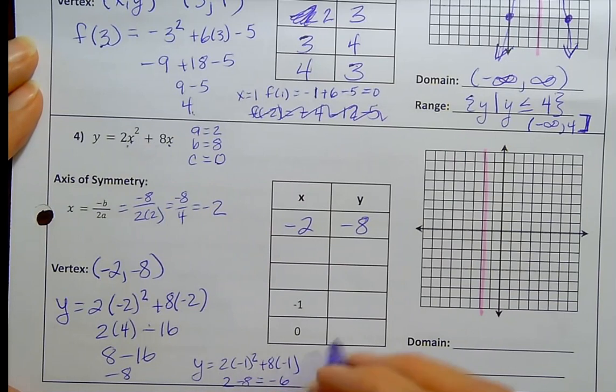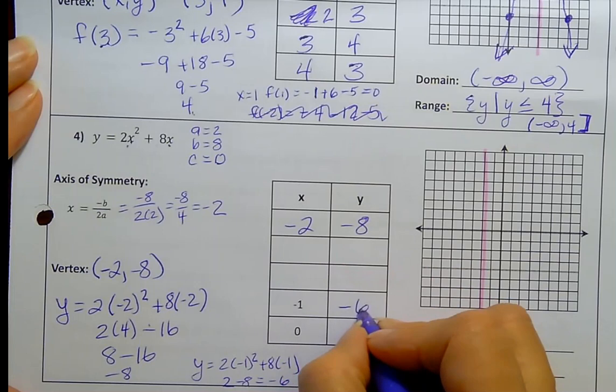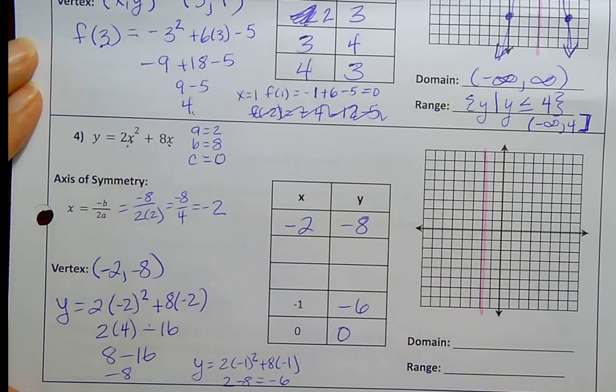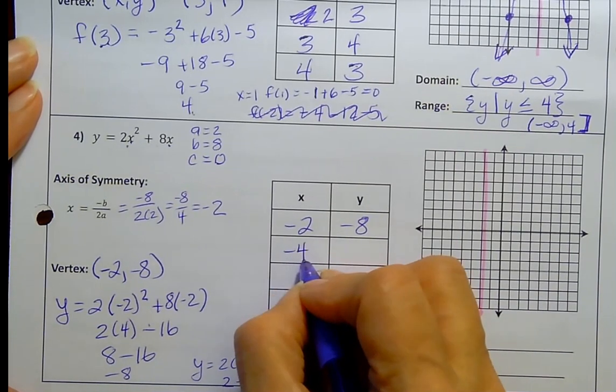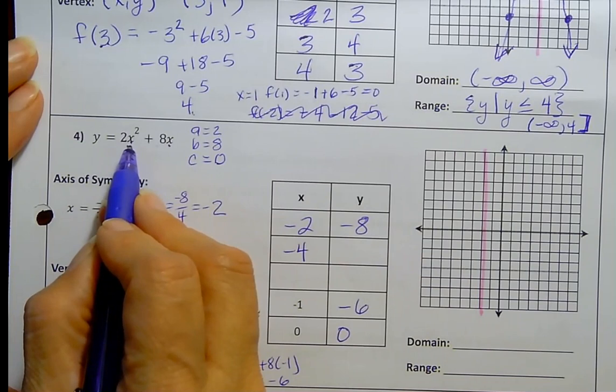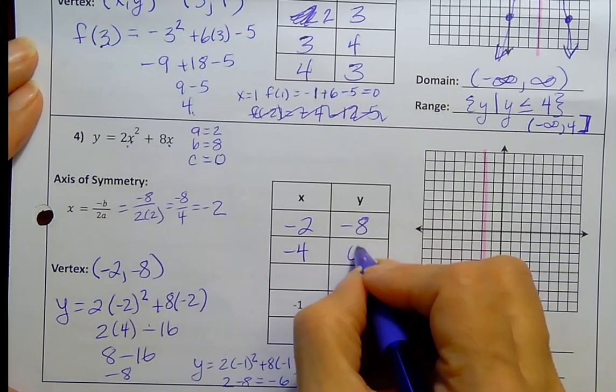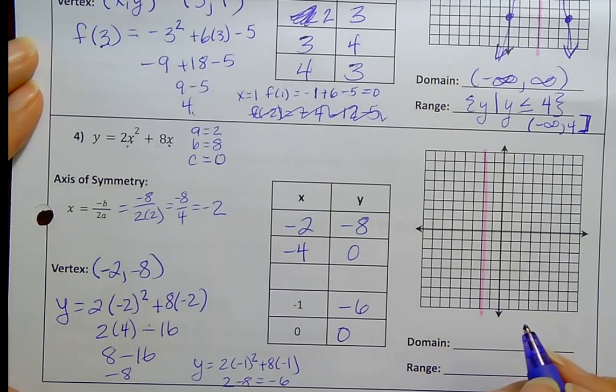So if x is negative 1, y is negative 6. If x is 0, y is also 0. All right. If I were to plug in x is negative 4, 2 times 16 is 32, minus 32 is 0. So if x is negative 4, y is 0.